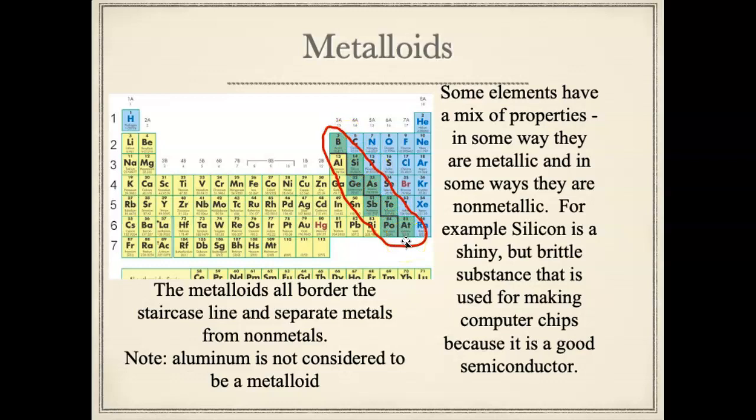They're a little bit metal, but they're a little not metal. For example, silicon is used in computers. It's a fair conductor, but at the same point, it is not shiny, and it's not extremely malleable. So aluminum, though, even though it kind of is in that area, is not considered to be a metalloid anymore. They just generally refer to it as a metal.